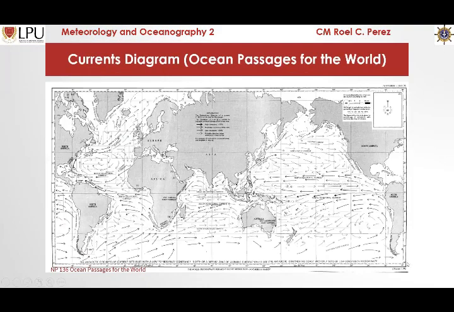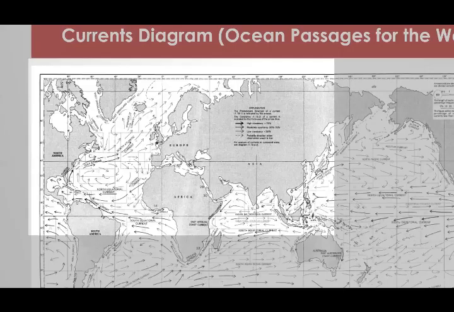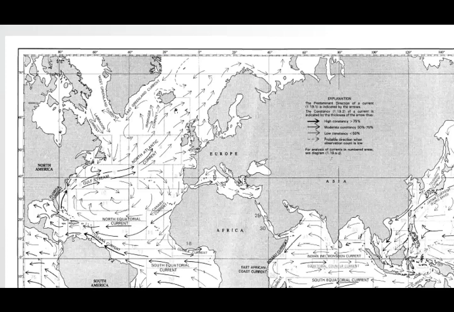So here is an example of the NP136. I have shown you this before. So you can see the arrows, no? Just by looking at it, you know what you will encounter or what will push you. If you are coming from Florida going to Europe, then you know that you will ride the current. So you will be faster, no?